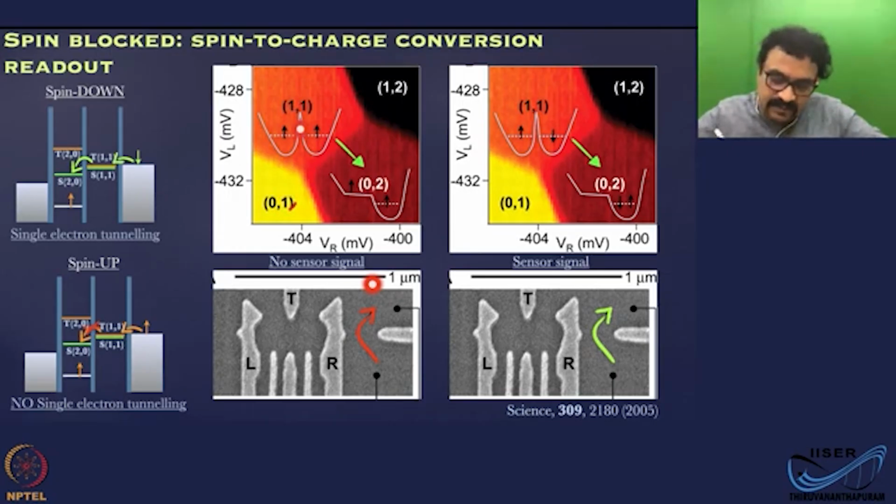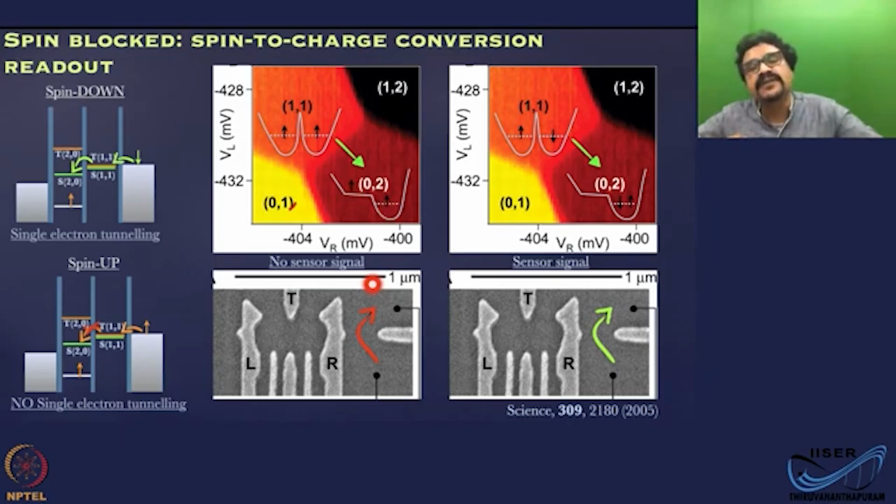But now when I bring this from here to here, you're making the well something like this. But since this is a triplet state, this electron cannot go here. It is stuck here itself. It's a slightly high energy state, but you cannot go here. It's blocked. This transition of this electron from this dot to this dot is blocked.